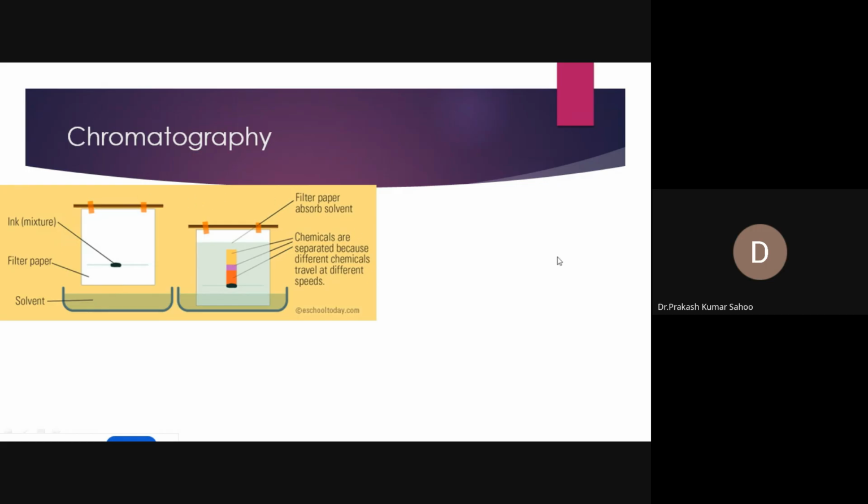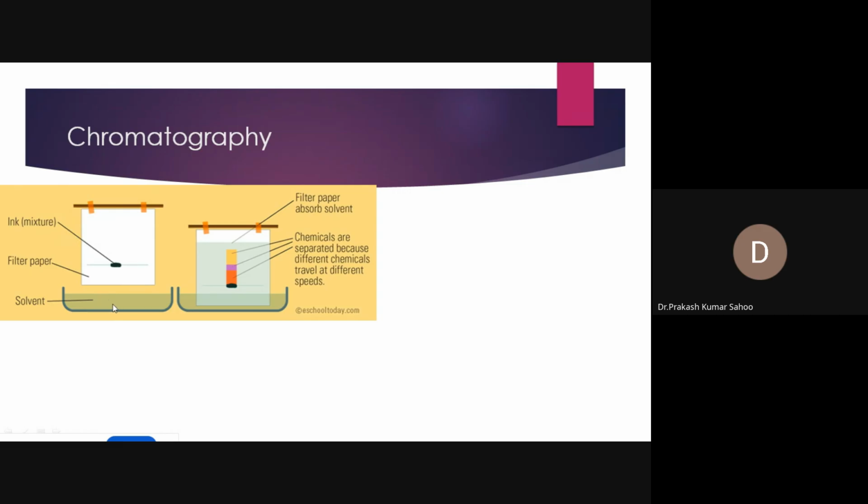Then this paper is called the chromatogram. Chromatogram means the surface on which the chromatography phenomenon occurs. This chromatogram is now put under a solvent.